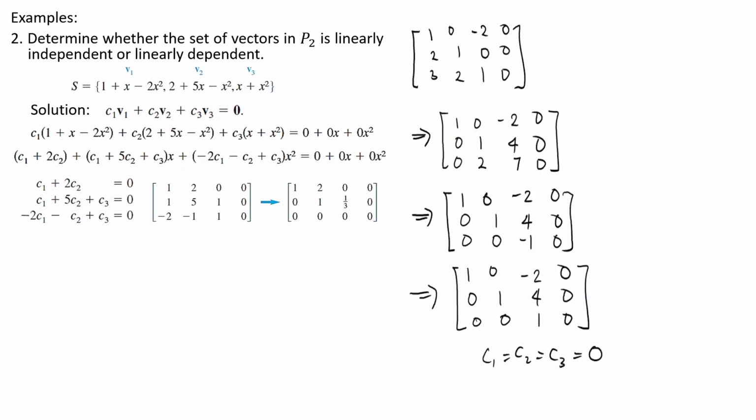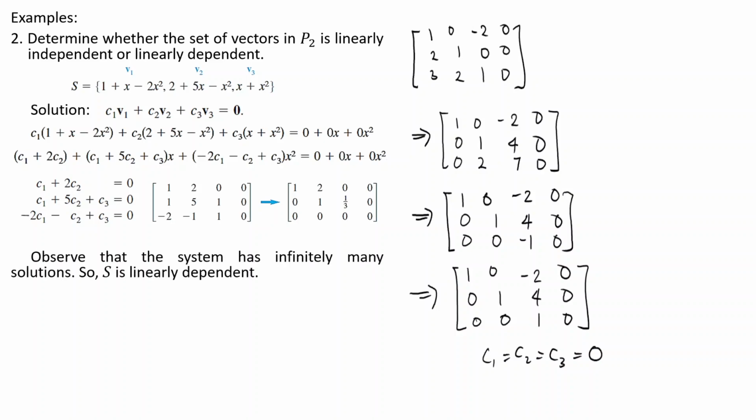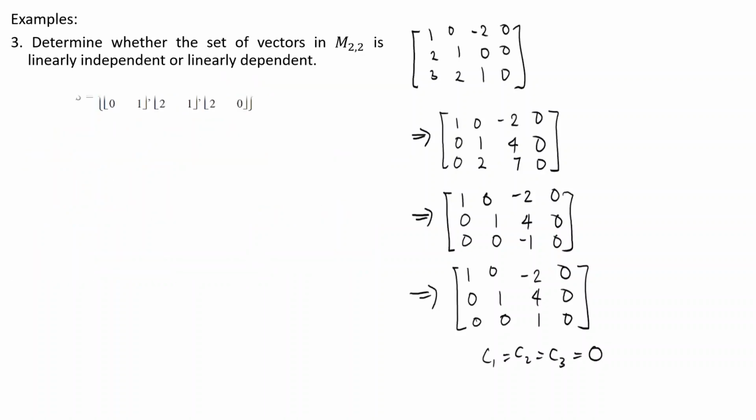We have zeros in the last row, so that means we have infinitely many solutions. Therefore, since we have solutions other than 0, 0, 0, we say that S is linearly dependent. Okay. One more example we have.